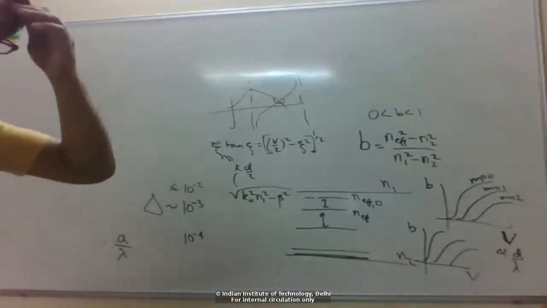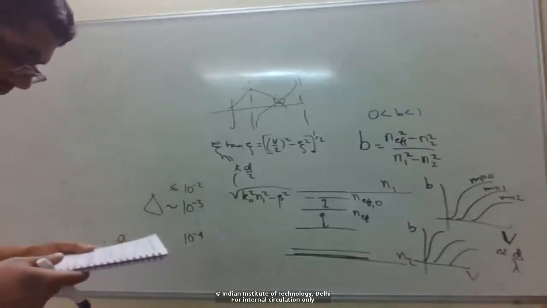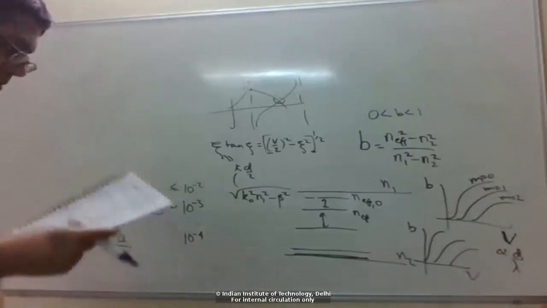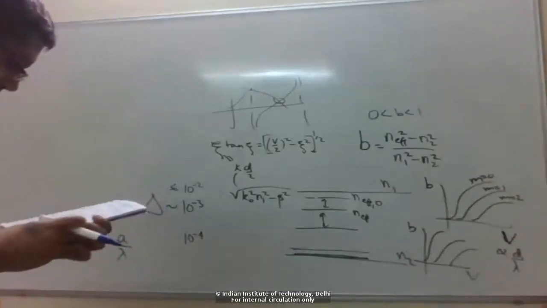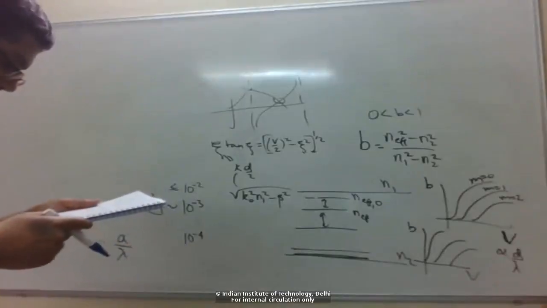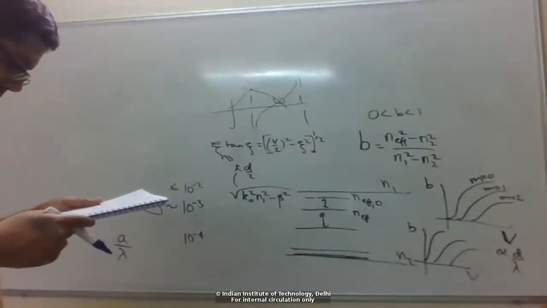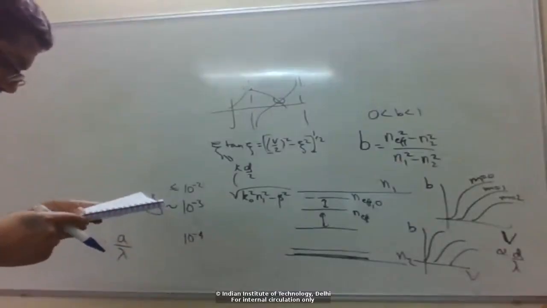No, sir. For the expression that you have written for beta m previously, there you wrote k naught by a. Yeah, so that's beta square.